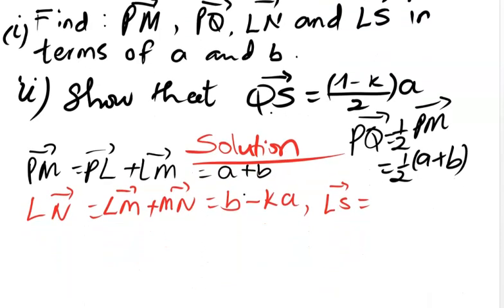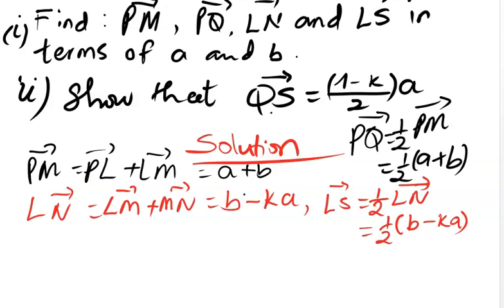And LN has been obtained already as B minus Ka. So LS is half of (B minus Ka). So we've obtained PM, PQ, LN, and LS.